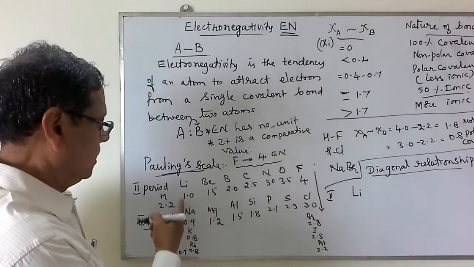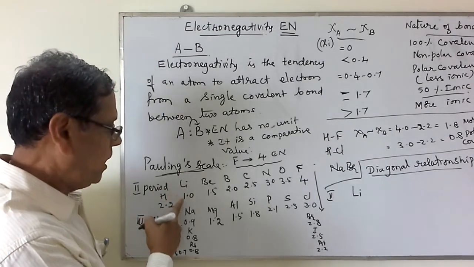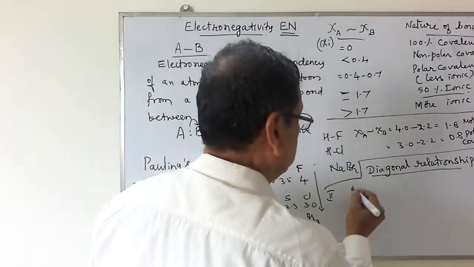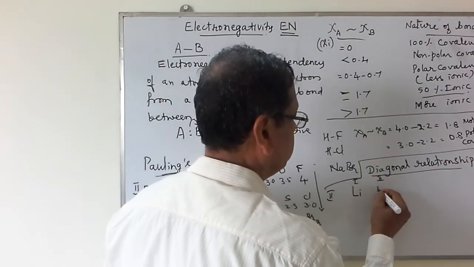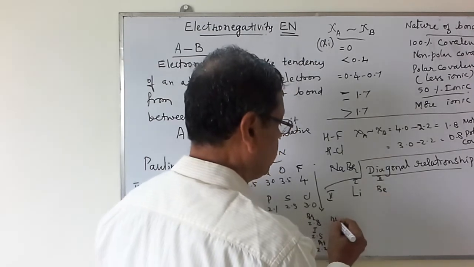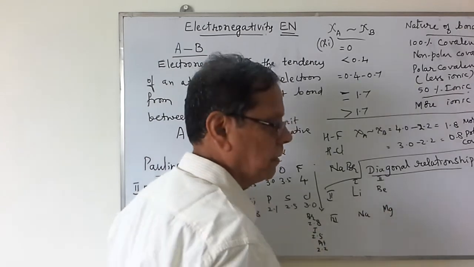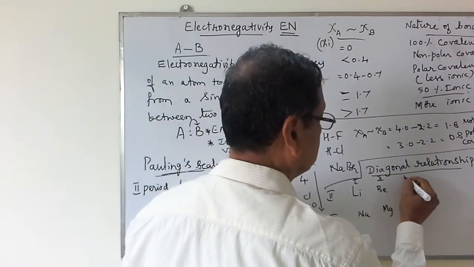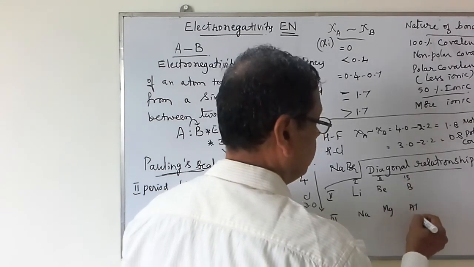The second period first group contains lithium, while the third period second group contains magnesium. Let me write lithium, beryllium. Then the third period, sodium and magnesium. Similarly beryllium, afterwards we have the 13th group element boron, then the next one is aluminium.